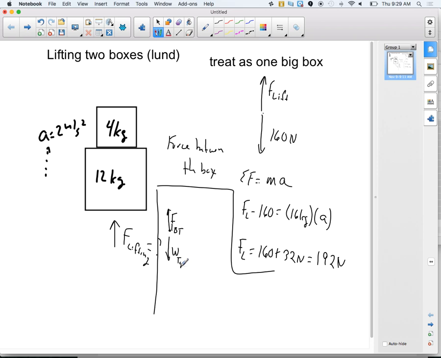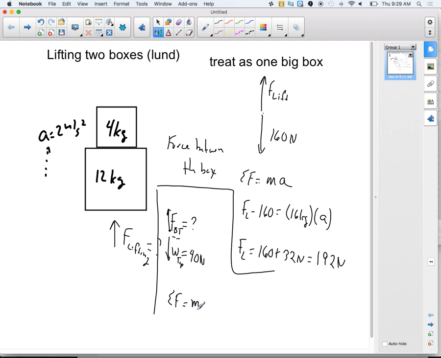The idea there being that the bottom box pushes up on the top box with some force, and gravity pulls the top box down. We know this is going to be 40 newtons, and we don't know what this is yet. So we're going to just use Newton's second law, F equals ma.